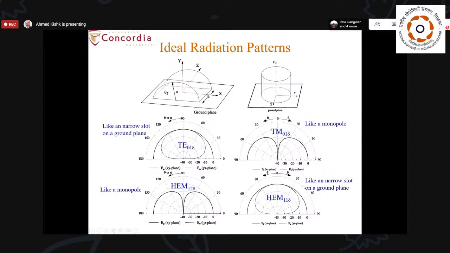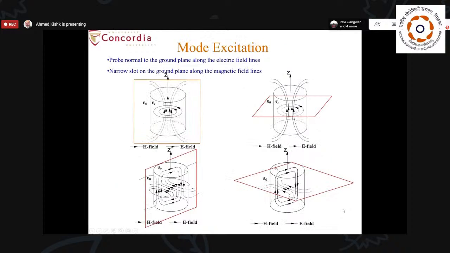This will give us a null on the axis, so it is acting almost like the TM01 mode radiation pattern. And the HEM11 is acting like this mode over here. It has a broadside radiation, and here are the E and H plane radiation patterns. So it is very important to know the characteristic of each mode, to know what type of radiation pattern you are looking for.